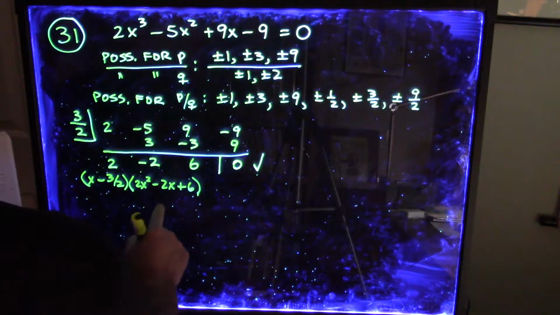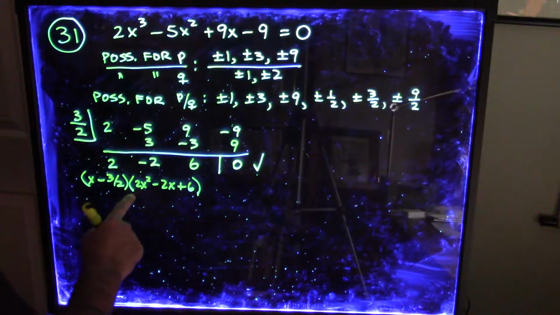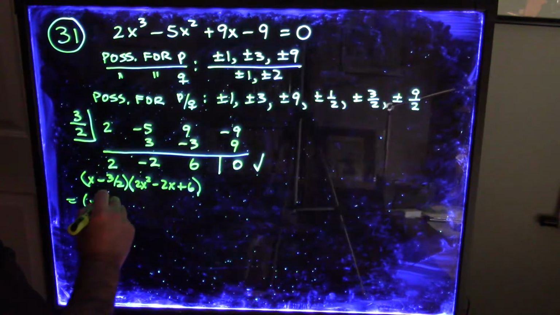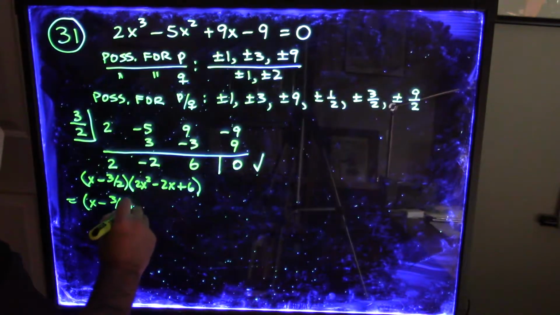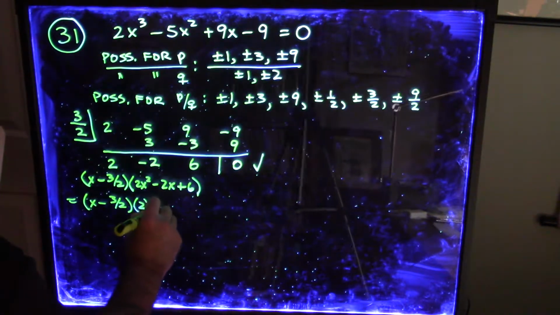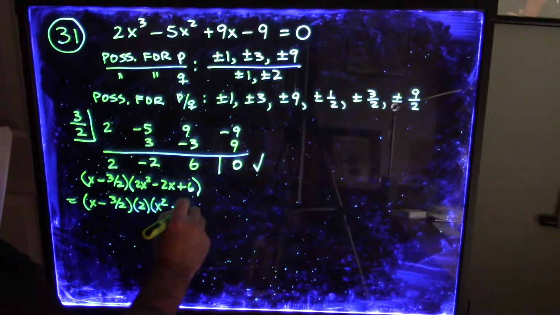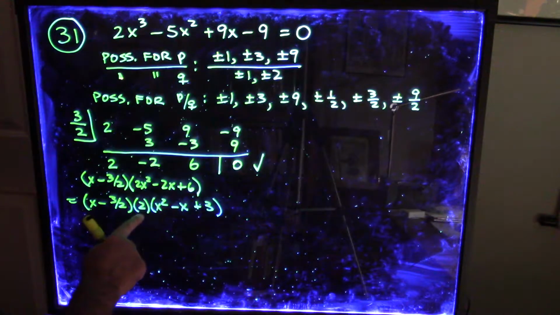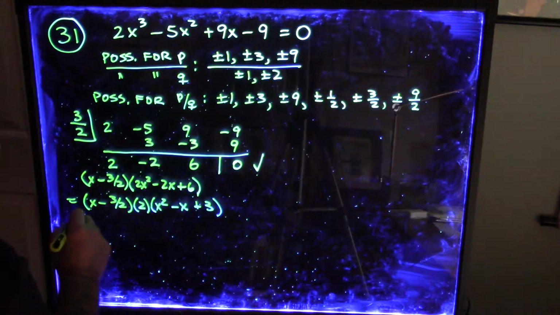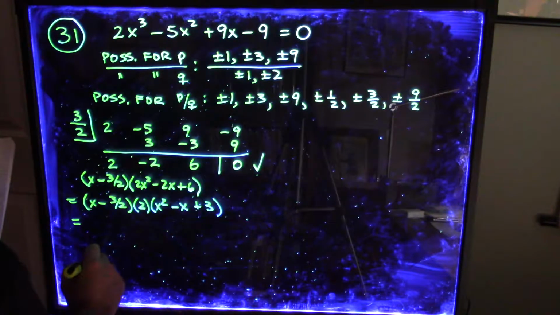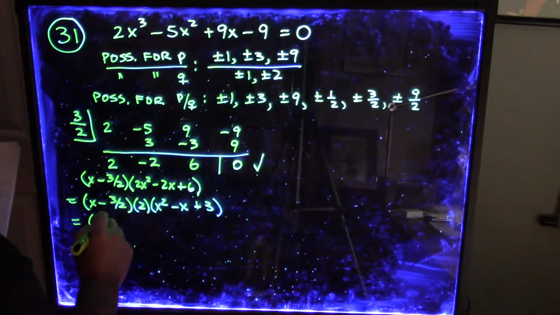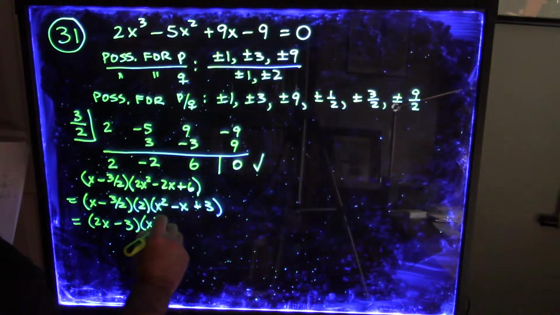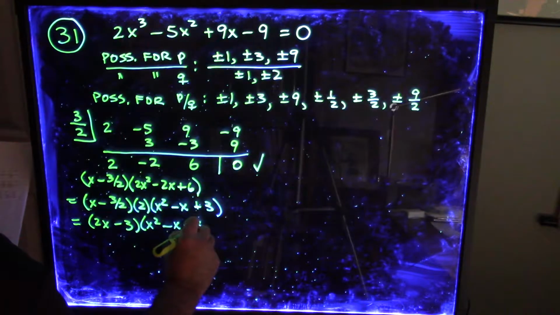Again, I can simplify this one by factoring a common factor of 2 out. Like that. Then you can multiply the 2 times the first factor. So you get a 2x minus 3 and x squared minus x plus 3.